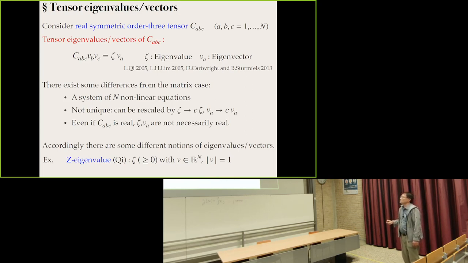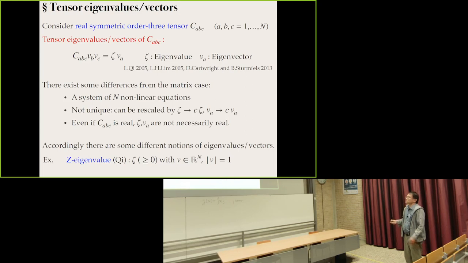Also, as you can easily see, this equation is scale invariant, so the definition is not unique, and you have to properly gauge fix this ambiguity. Also, in the matrix case, a real symmetric matrix has only real eigenvalues and real eigenvectors, but in the tensor case, they are not necessarily real.